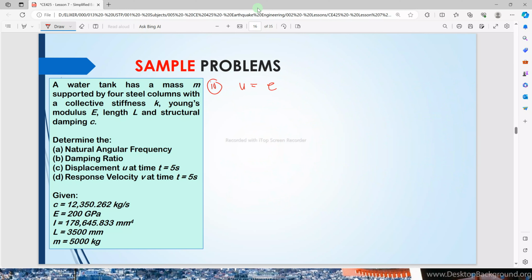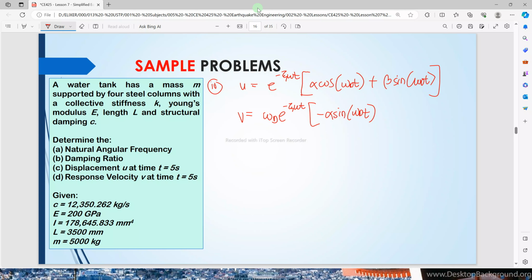Our u is equal to e to the negative psi omega t times alpha cosine omega dt plus beta sine omega dt, and our velocity is equal to omega d e to the negative psi omega t times negative alpha sine omega dt plus beta cosine omega dt, minus psi omega times u.